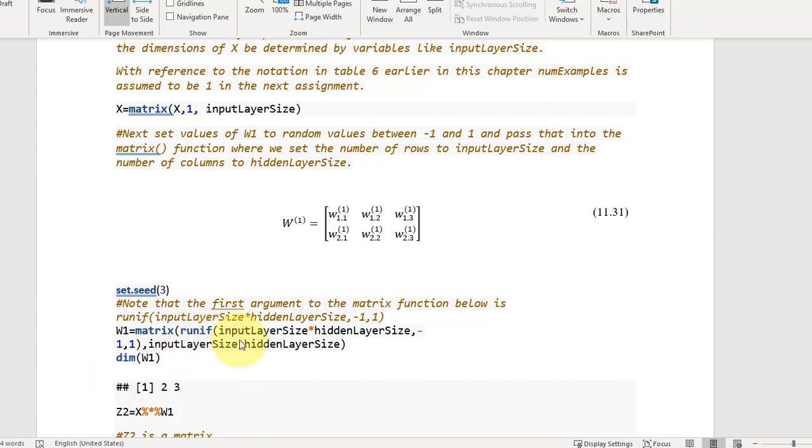We have one comma here, another comma here, so there are 3 entries that go into the random number generator. The first entry is, in this case, the input layer size times the hidden layer size. That was 2 by 3, so the first entry here is 6. That's the number of random numbers we want to generate.